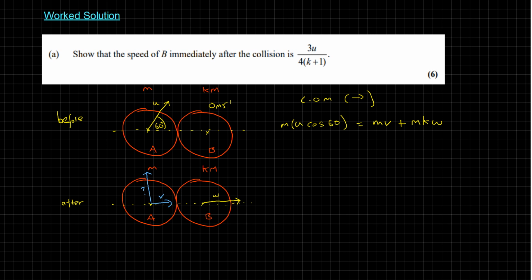And cos 60 is in fact a half, so let's already cancel out the m's, and we'll get half u equals v plus kw.